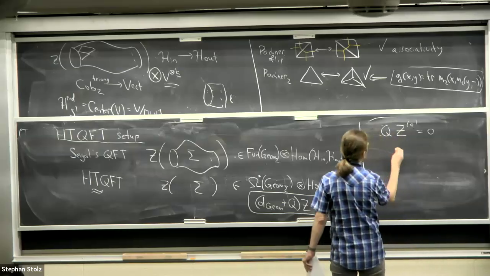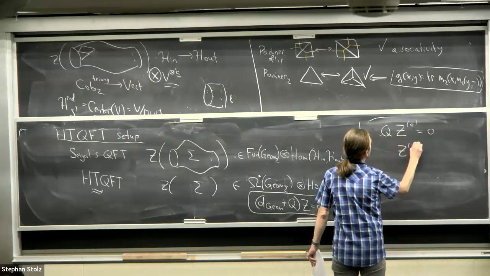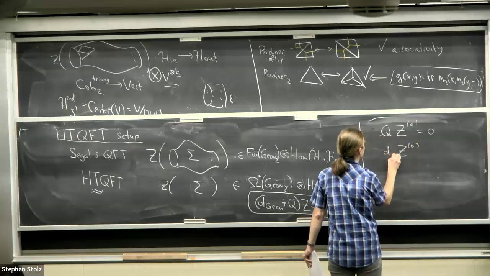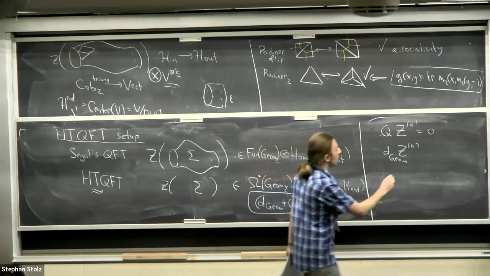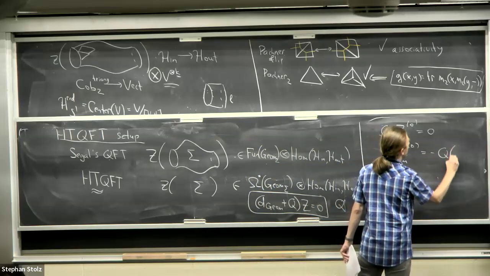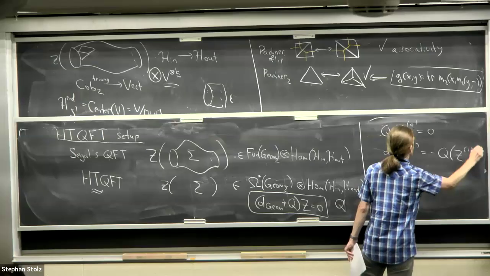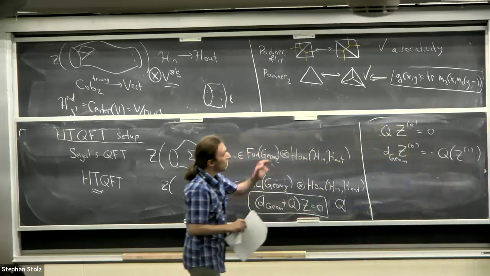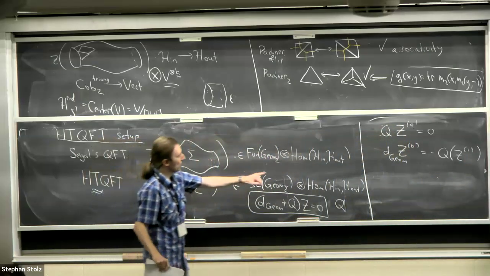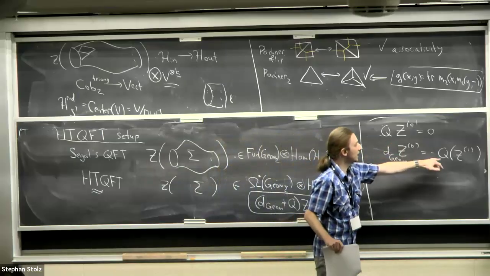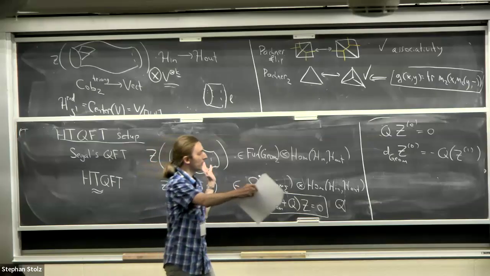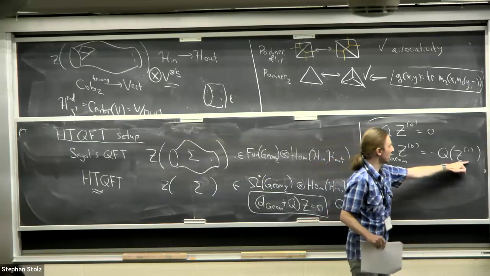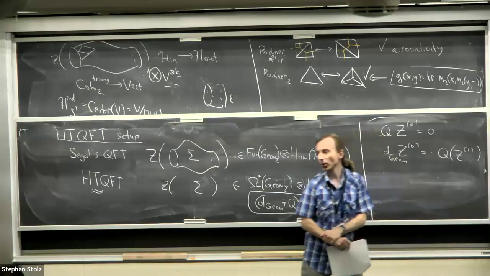The next equation in the hierarchy tells me that if I take Z0 and take its differential along geom, it will be Q of something, Q of Z1. That tells me that if I change the geometry a little bit, then my chain map between spaces of states changes by a Q exact map, with Z1 being the chain homotopy.